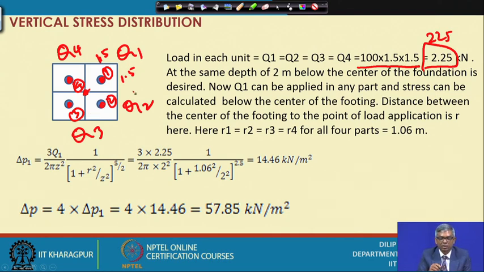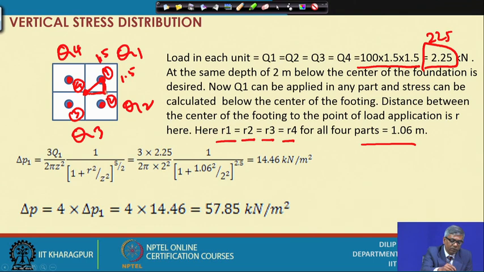So, what is the R now? The distance from the center to the center of the smaller footing, suppose R1 for segment 1, R2 for segment 2, R3 for segment 3, like that if I proceed, and R1 will be equal to R2 will be equal to R3 will be R4, and that will be equal to how much? So, this is actually the distance.